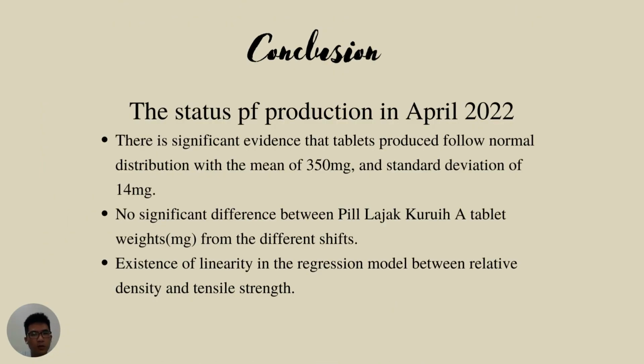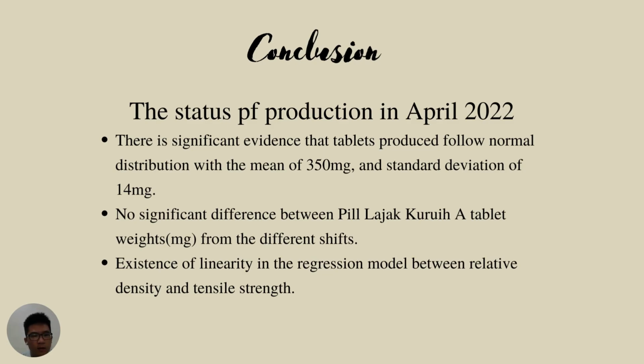So we conclude the whole project. For the tablet production in April 2022, there is significant evidence that the tablet weight follows the normal distribution with a mean of 350 mg and a standard deviation of 40 mg.